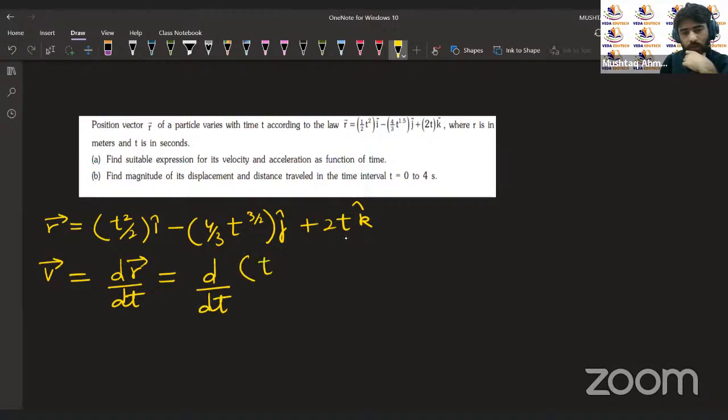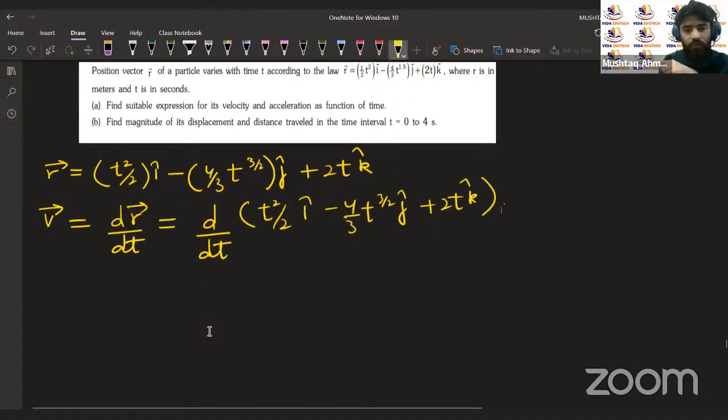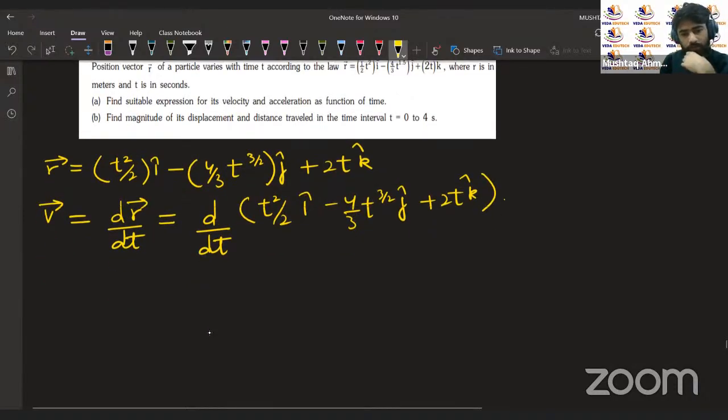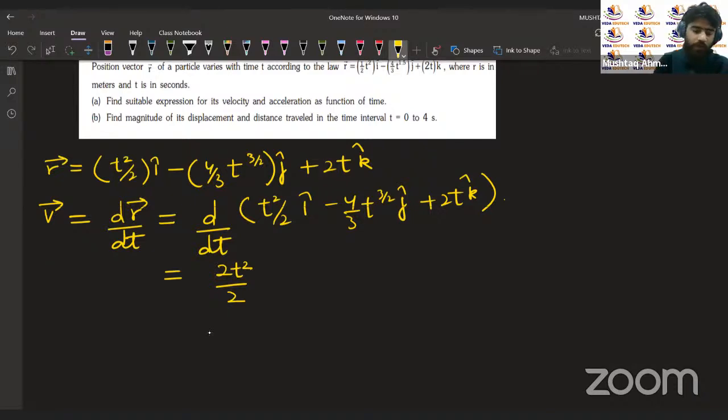It will be t²/2 î − 4/3 t^(3/2) ĵ + 2t k̂. So we'll differentiate this position vector to get the velocity as a function of time. The derivative of t²/2 will be 2t upon 2.